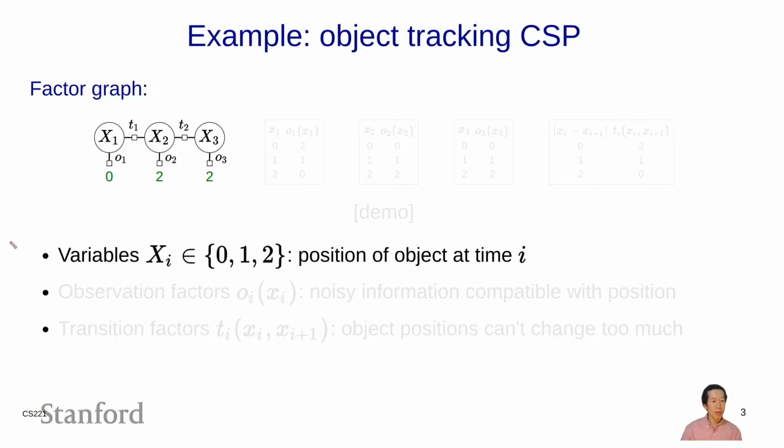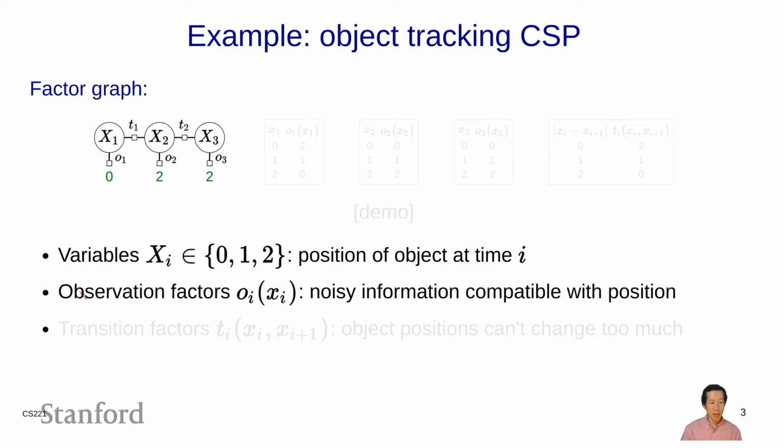So now we're going to define a bunch of observation factors, and this is going to be attempting to incorporate the sensor information into the problem. So remember, at time step 1, we observed that the object was at 0. Of course, this is noisy, so we don't want to trust it completely. We're going to define an observation factor, O1, that captures this.